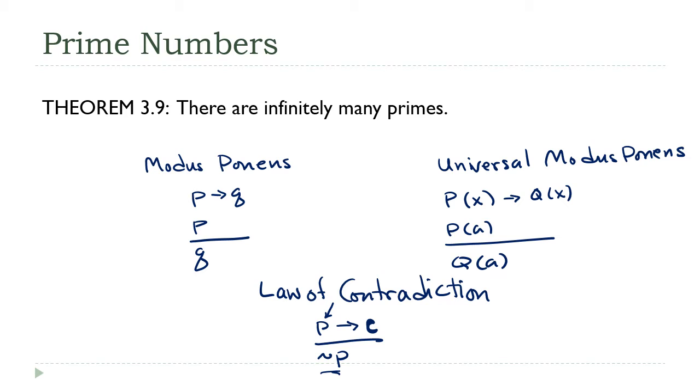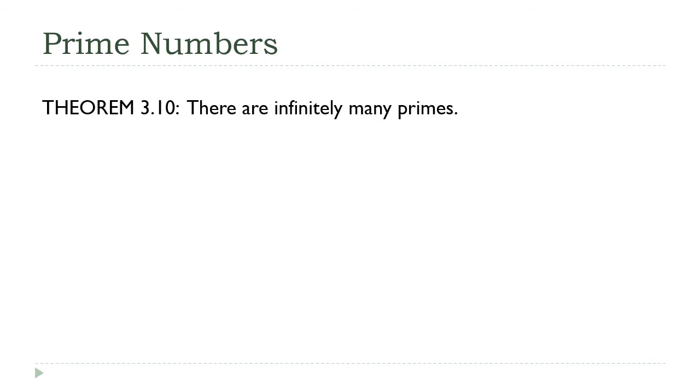Okay, let's see how we can use this. I think it's clearer if we actually start getting into the proof. What I want to show is that there are infinitely many primes. That's our theorem. To do that by contradiction, here's how proof by contradiction always starts. Assume the opposite of what you're trying to show.